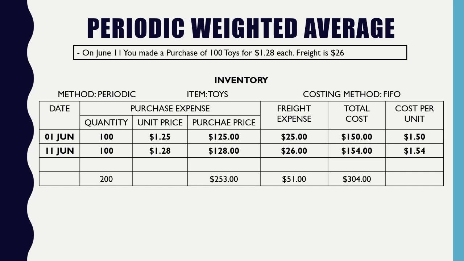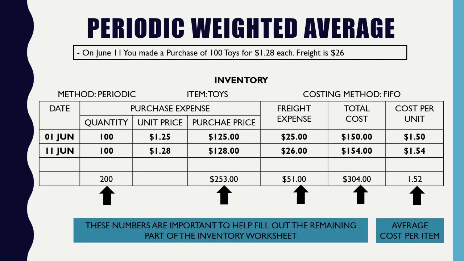We have 200 items available. The cost of those 200 items was $253 plus $51 of freight, and we get a grand total of $304. This is where finding our cost per item comes into play.